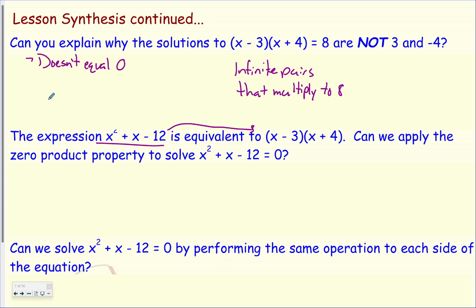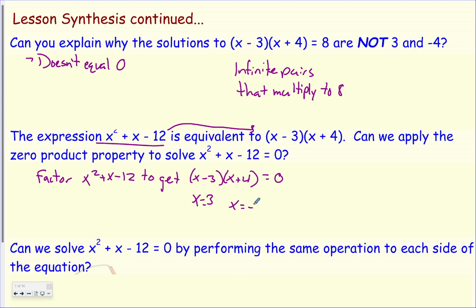So what we do is we can factor x squared plus x minus 12 to get x minus 3 times x plus 4. So we can do that math, right? And if we do, then we can set this equal to 0, and then we can say x equals 3 and x equals negative 4.